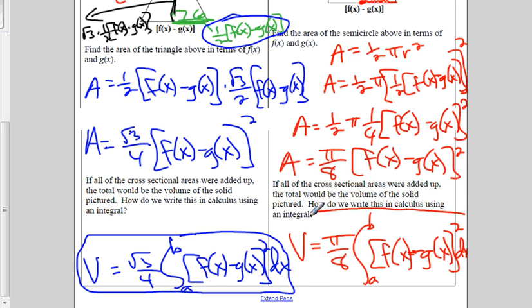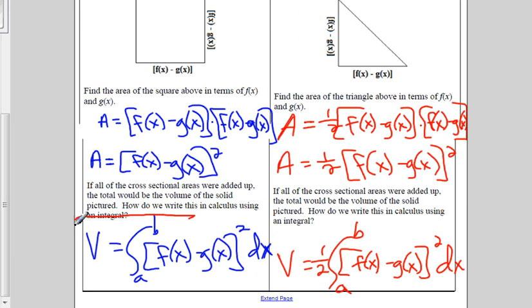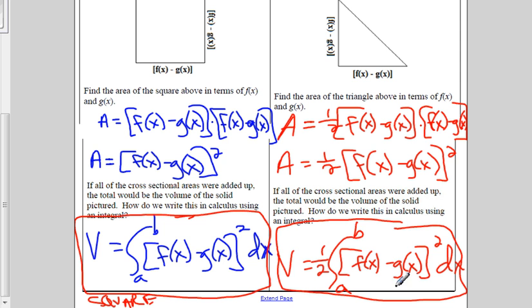So we should notice that all four of these have the same expression inside the integral, and it's just three of them that have a constant that's a little bit different. So here was when we get a square, write that down here. Again, f of x minus g of x all squared. This is when we had our isosceles right triangle.